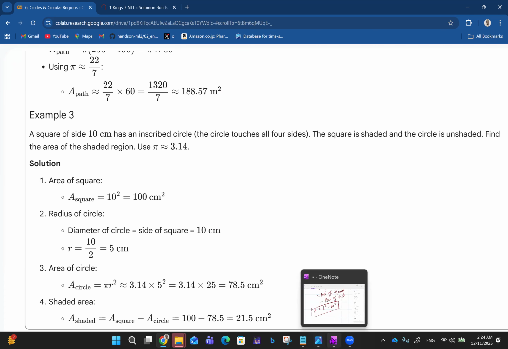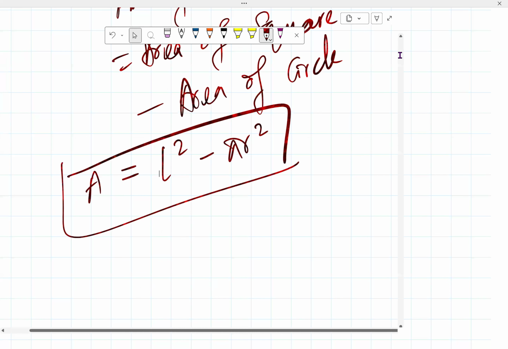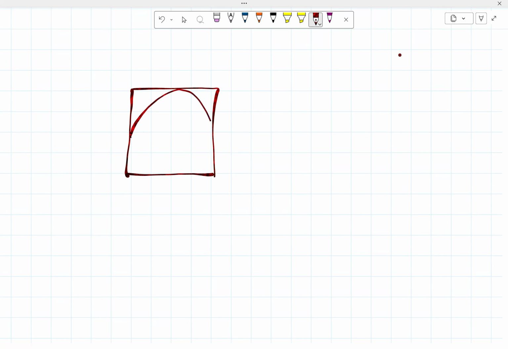inscribed inside the square. I think I need to demonstrate what that might look like. So you have a square, 1, 2, 3, 4 sides, and the circle inscribed. You have something like this now.